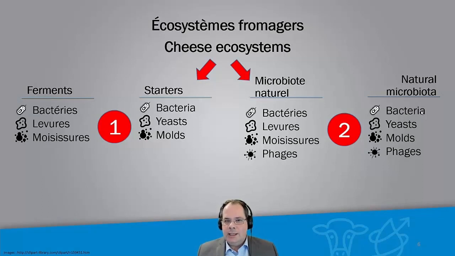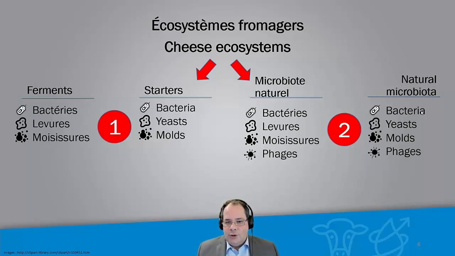In the second group, we're talking about natural microflora, which is naturally occurring in cheese and milk, involving bacteria, yeast, mold, and can also contain bacteriophages, which could have a negative impact on ripening or production of cheese.